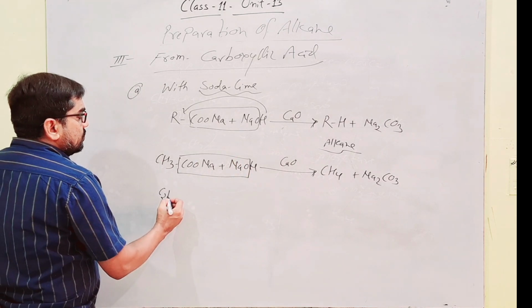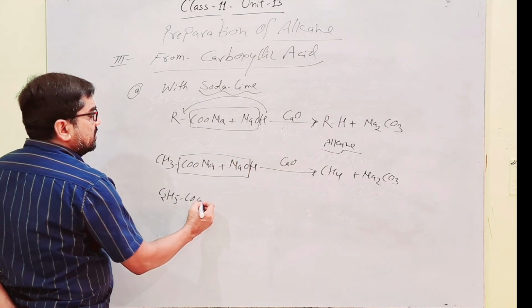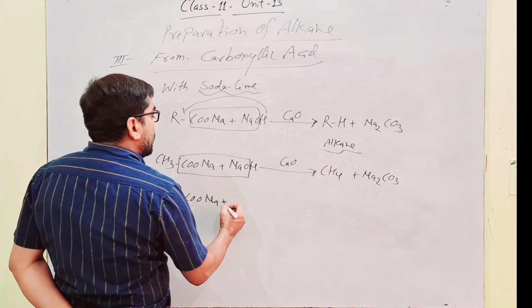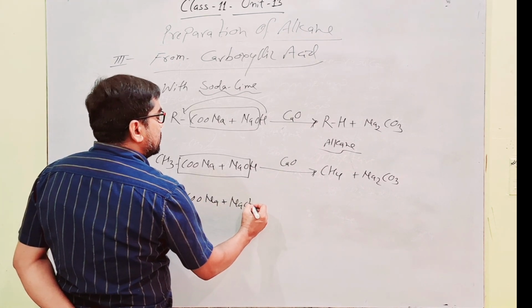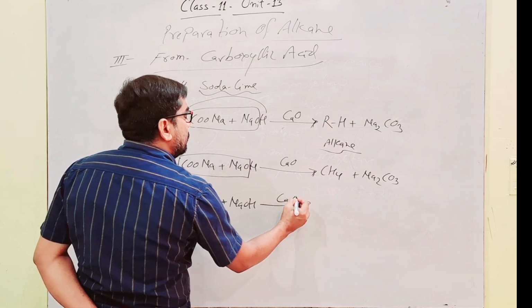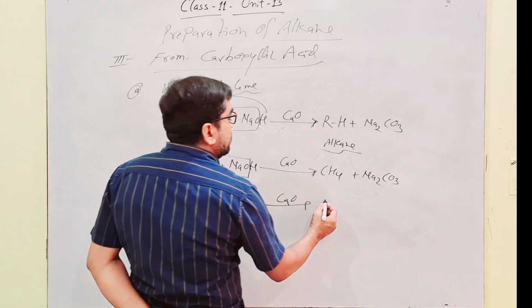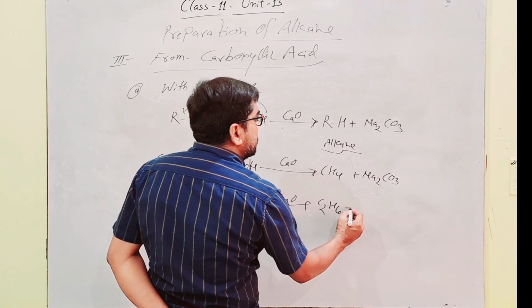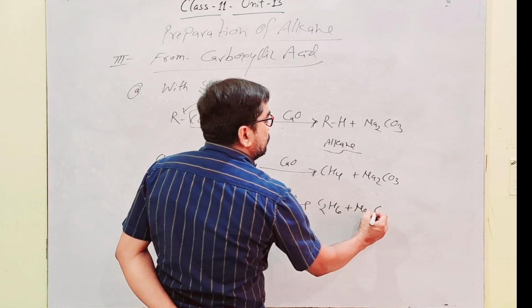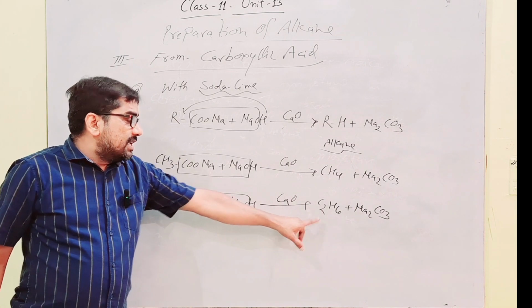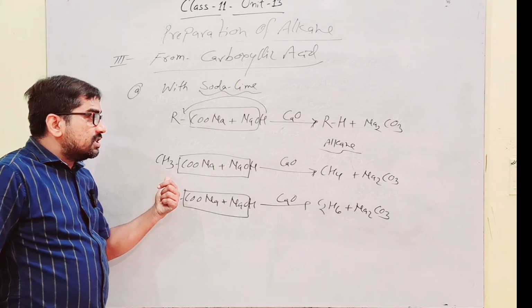Next, C2H5COONa, sodium propanoate, reacts with NaOH with CaO. Again the same elimination of Na2CO3 with formation of C2H6 plus Na2CO3. One carbon less than the carboxylic acid.